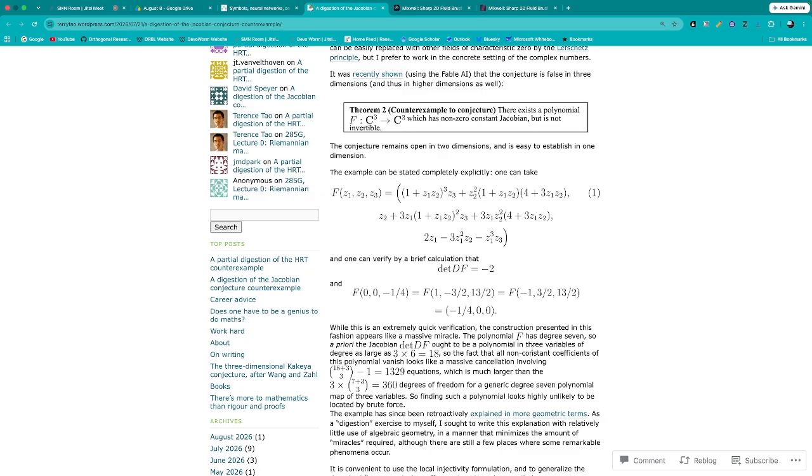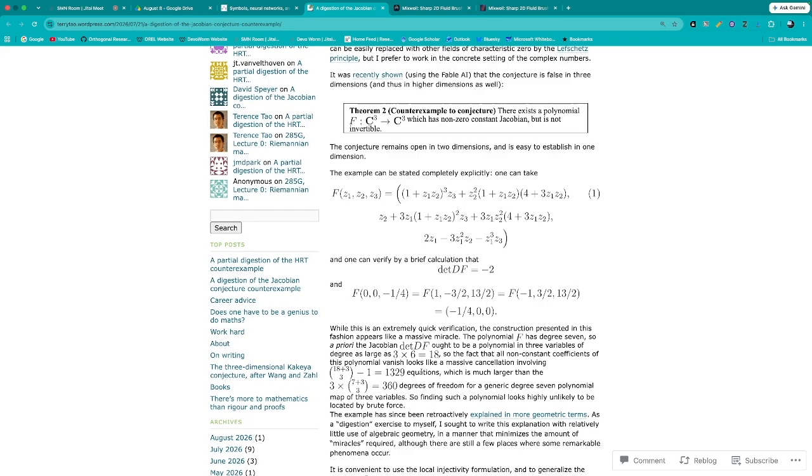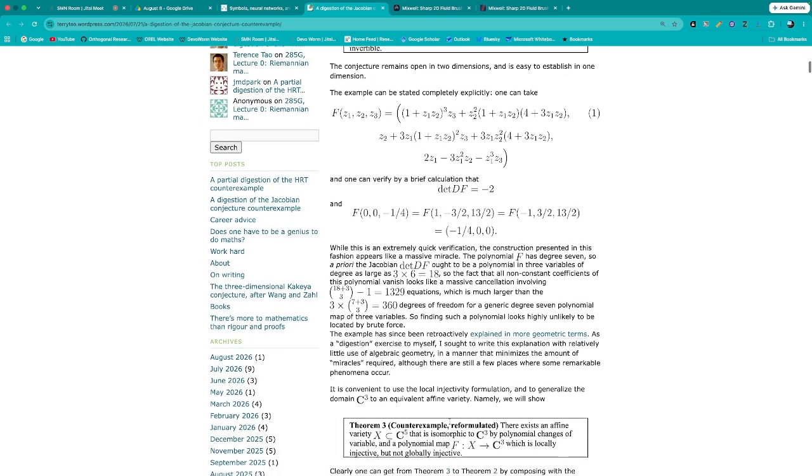So the fact that all non-constant coefficients of this polynomial vanish looks like a massive cancellation involving 1,329 equations, which is much larger than the 360 degrees of freedom for a generic degree 7 polynomial map of 3 variables. So finding such a polynomial looks highly unlikely to be located by brute force.